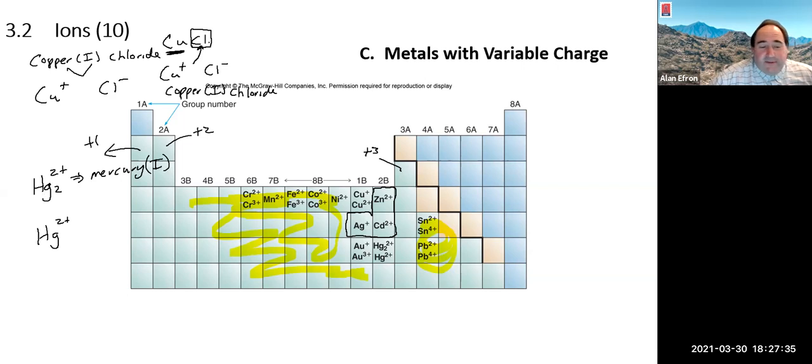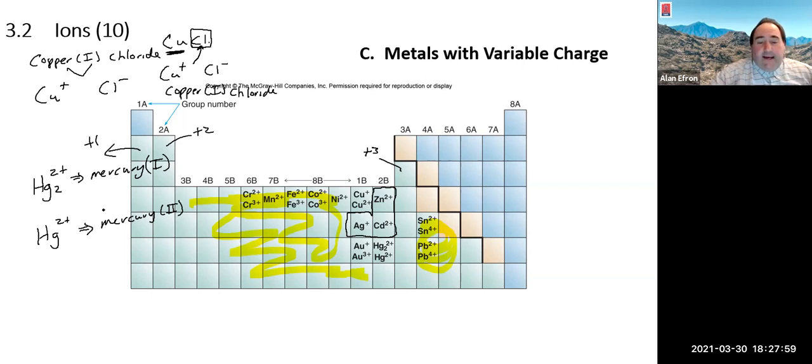That's because it comes as a dimer, two +1s hooked together. This guy with fewer 2s is actually mercury 2. So that's an unusual one that sometimes confuses people. It does make sense, but you would think the one with all the 2s would be mercury 2, and it's actually mercury 1. So that's one that sometimes throws people off.